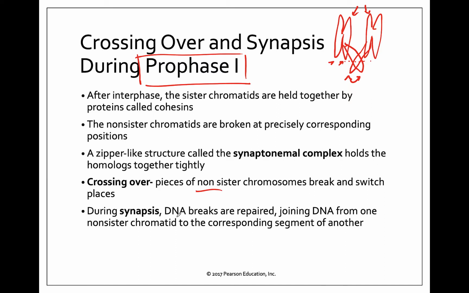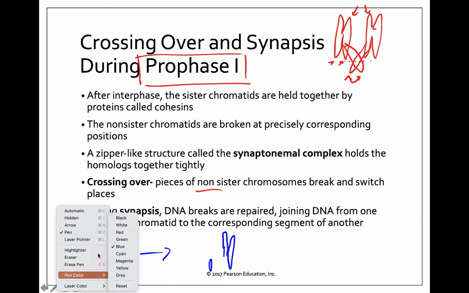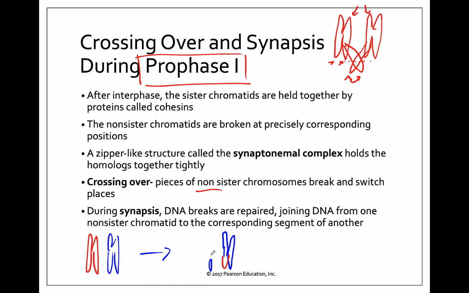So this is called synapsis, which is where the DNA pieces actually break off, switch pieces with each other, and then reform. So if the chromosome from mom is red and the chromosome from dad is blue, after crossing over, we're going to actually have new combinations of chromosomes where these two have switched places.